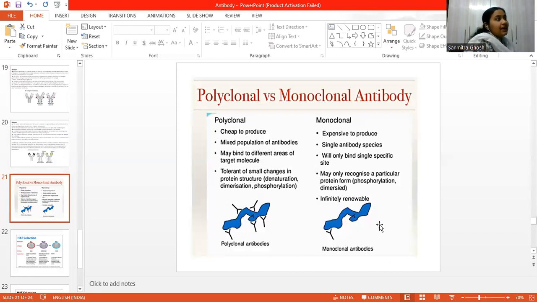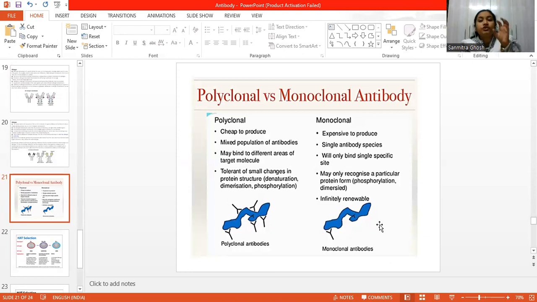So if there is subtle denaturation of the protein, or if protein dimer formation is happening, or if there is phosphorylation or other types of residues being added to the protein, even if such alterations are there, these polyclonal antibodies can identify their target protein surface.